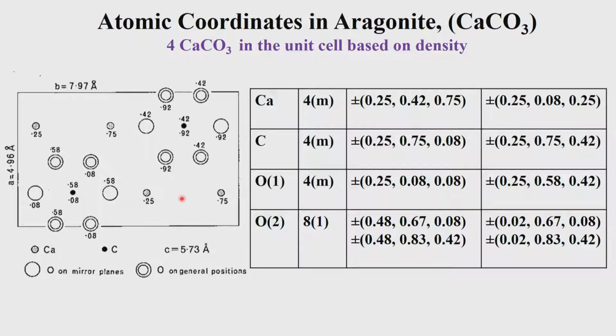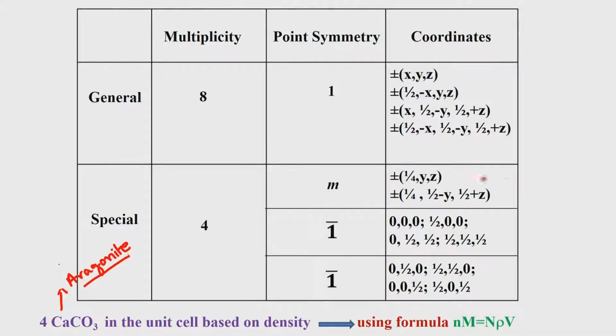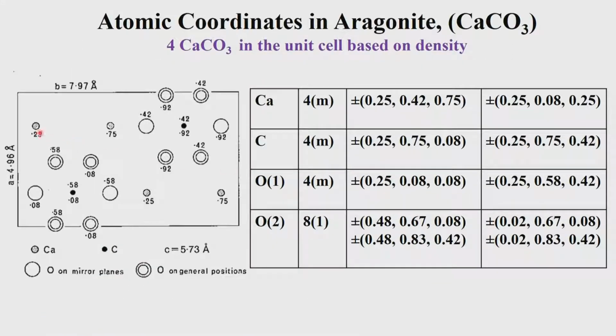Let us go back and check the mirror symmetry. This comes at plus minus 1/4, Y, Z, and we see plus minus 1/4, half minus Y and half plus Z. Notice that this is half minus Y, half plus Z at 1/4 again. So, the positions of calcium are at 0.25, 0.75, 0.25, 0.75.